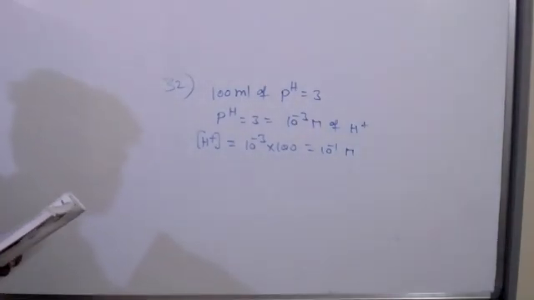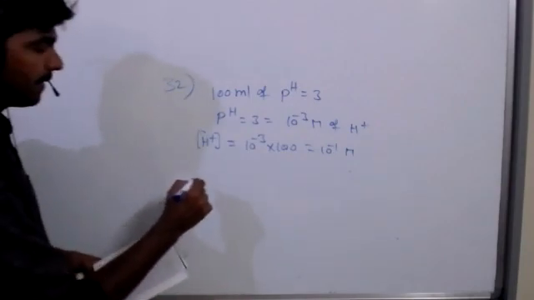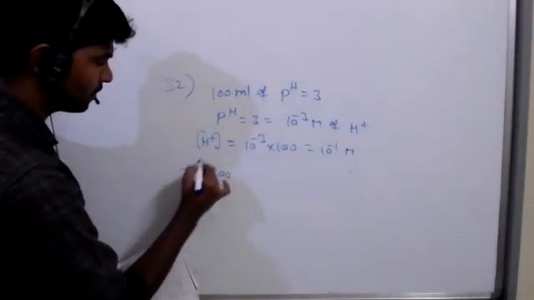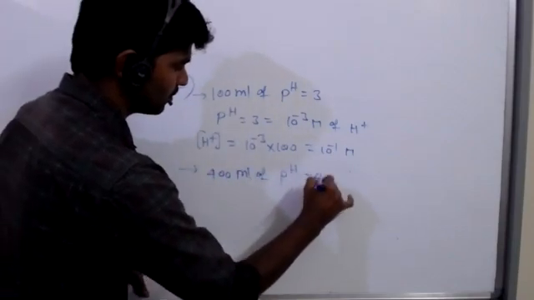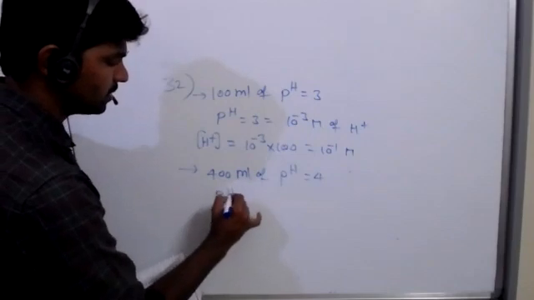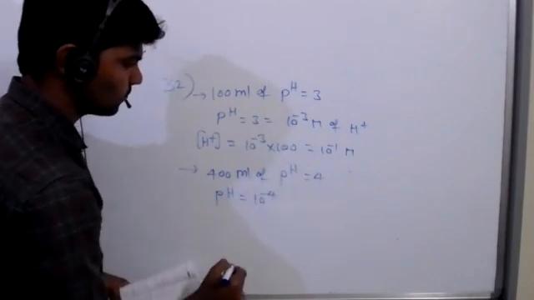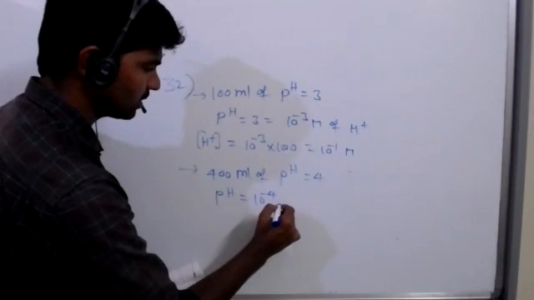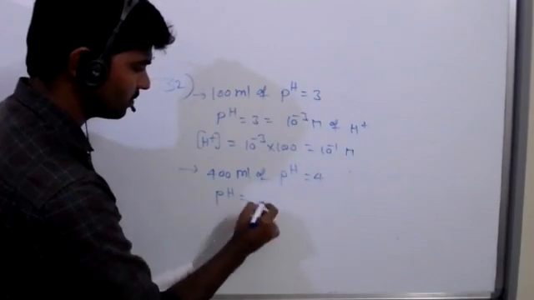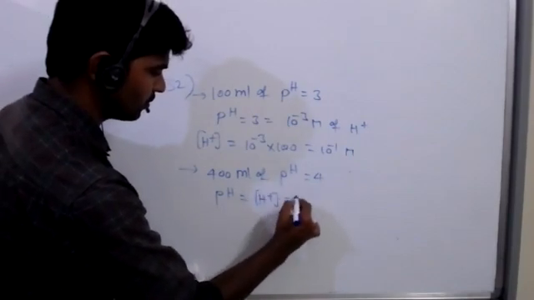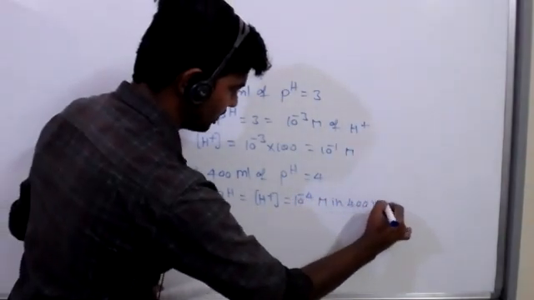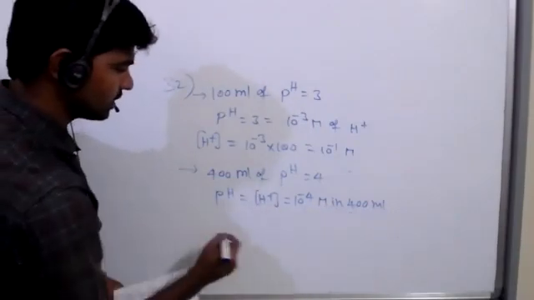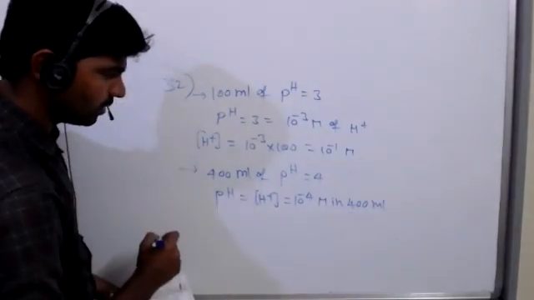Next one, 400 ml of pH equal to 4. pH equal to 4 means 10 power minus 4, that is the H plus concentration, in 400 ml. So multiply this into this: 4 into 10 power minus 2.